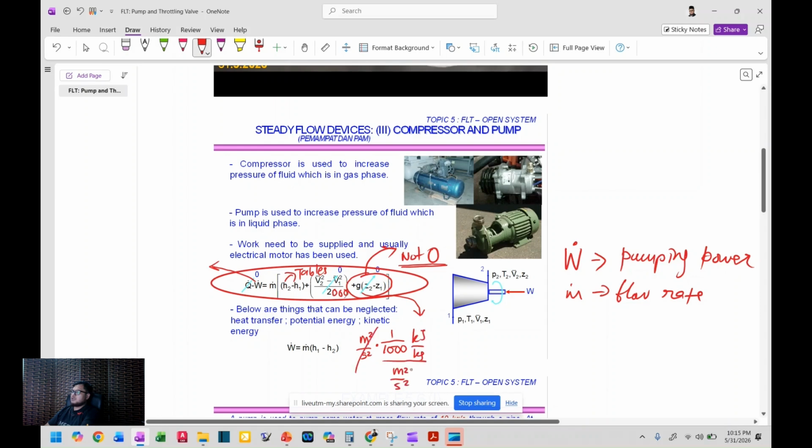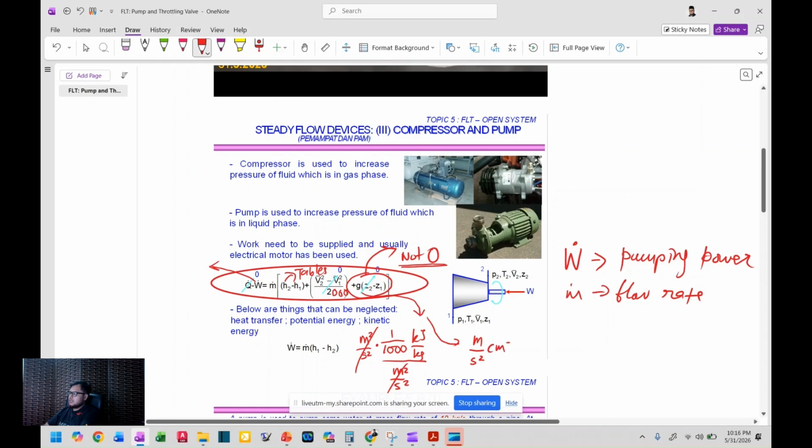You can look up this conversion online. The same goes for the potential energy. You will have g, which is gravitational acceleration in meters per second squared, and you multiply by z2 minus z1, which is the height in meters.